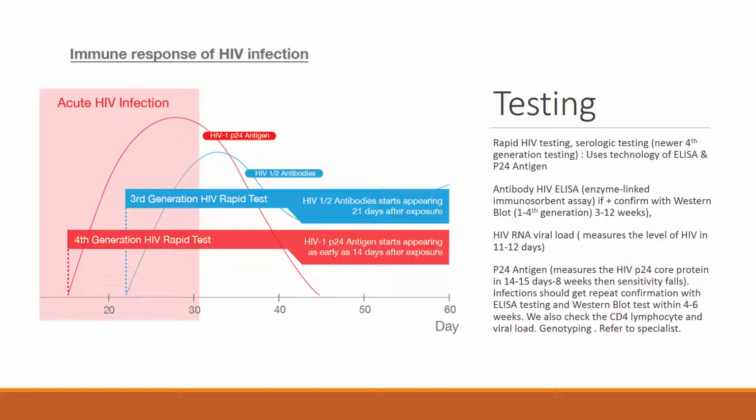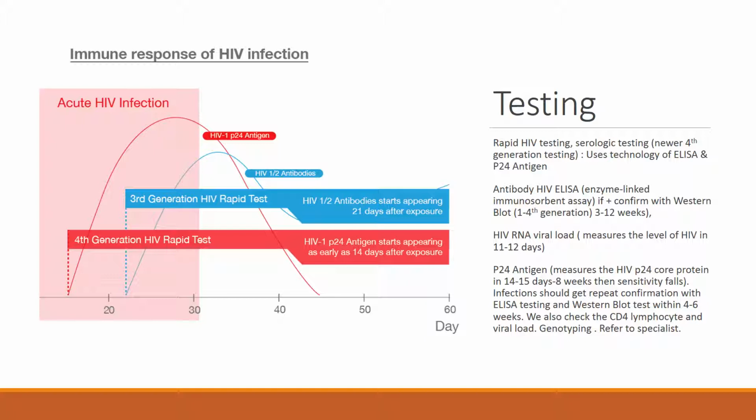Well, now we have the 4th generation HIV test, and the great thing about this test is it uses 2 types of technology. It looks for both antibodies using the ELISA test, but it also looks for something called the P24 antigen. That measures one of the core proteins in the HIV virus, and that is detectable usually between 2 weeks and 8 weeks.